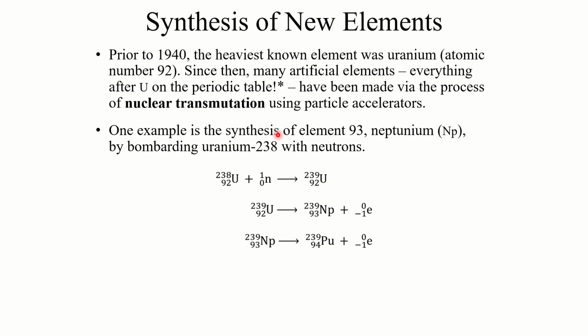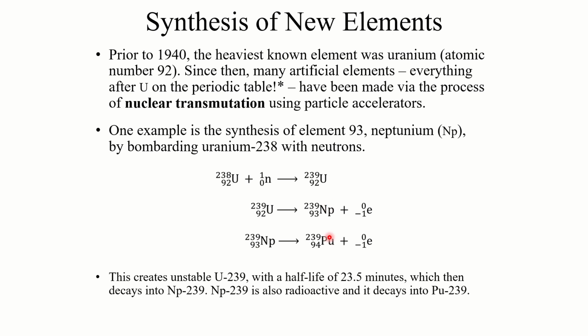One example is the synthesis of element 93, neptunium, which is formed by bombarding uranium-238 with neutrons, and eventually this leads to the formation of neptunium as well as some plutonium. Again, this creates unstable uranium-239, which can decay into neptunium-239. This is actually also radioactive and will eventually decay into plutonium.